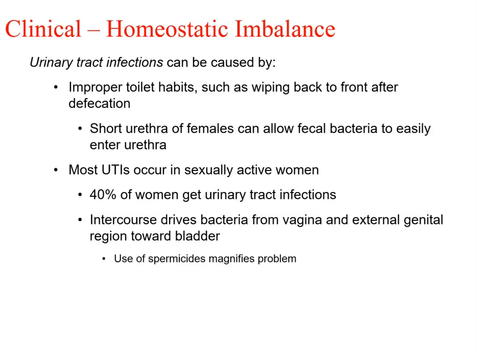Most UTIs occur in sexually active women, so 40% of women get urinary tract infections. What does intercourse do? Well, it drives bacteria from the vagina and external genitalia towards the bladder. The other thing is, using a spermicide seems to magnify this problem. So a lot of women have a reaction to the spermicide, so try not to use spermicides. Always use a raincoat, but maybe not one with spermicides.